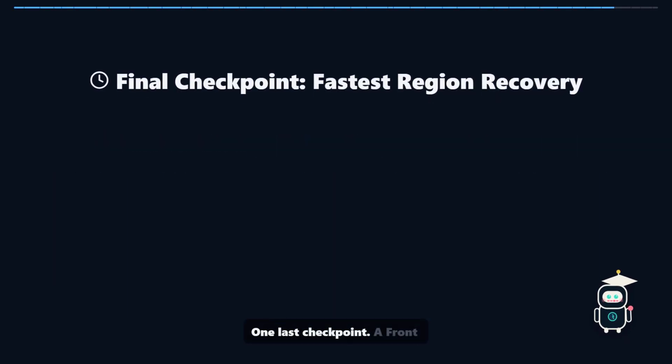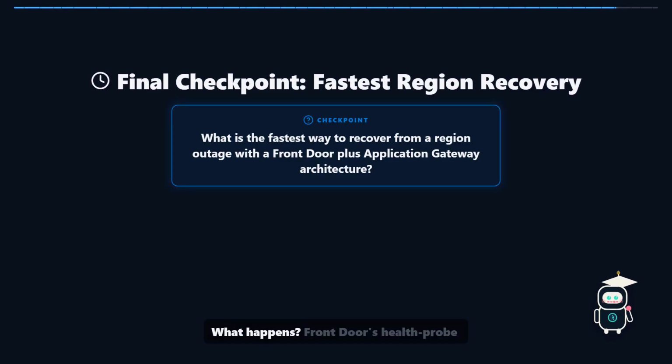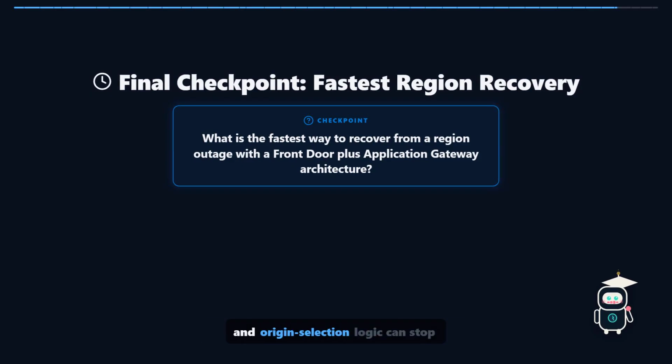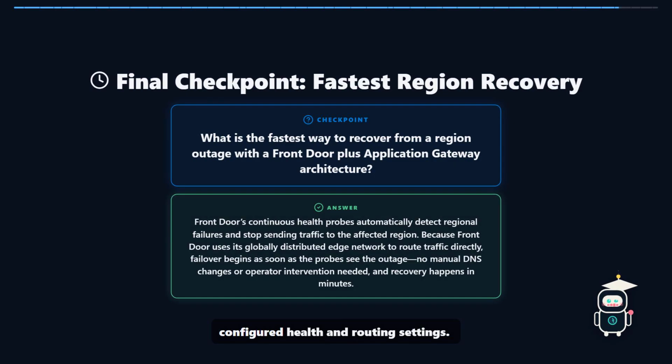One last checkpoint. A Front Door origin representing one of your application regions becomes unhealthy. What happens? Front Door's health probe and origin selection logic can stop sending new requests to that unhealthy origin according to your configured health and routing settings.